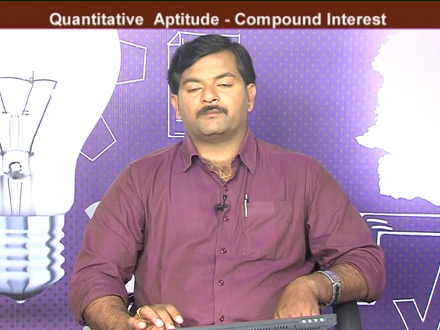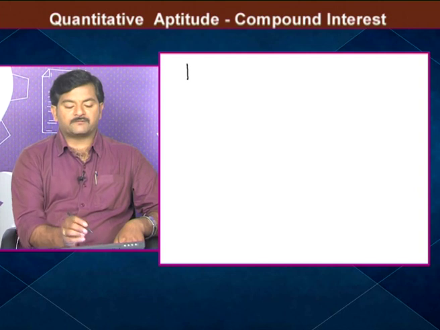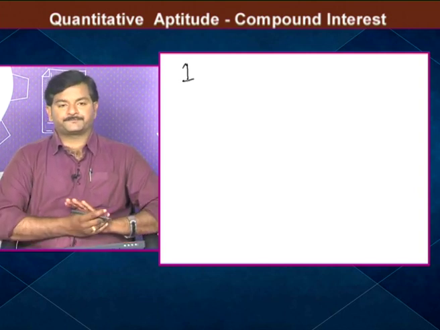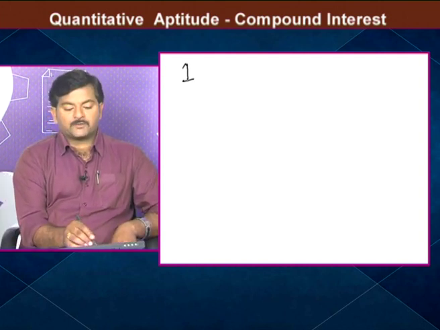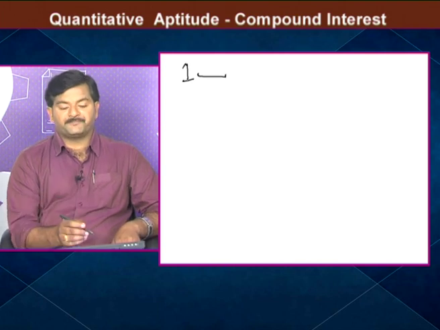There is one small logical trick also. By using that trick we are able to solve this. For our simplicity, for example, a person borrowed only 1 rupee. This borrowed 1 rupee will double itself every 15 years.